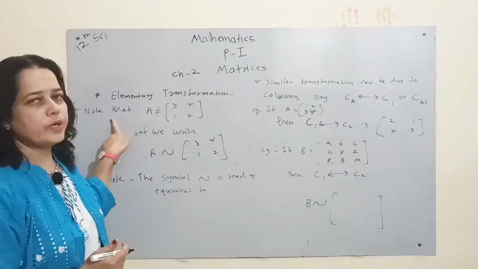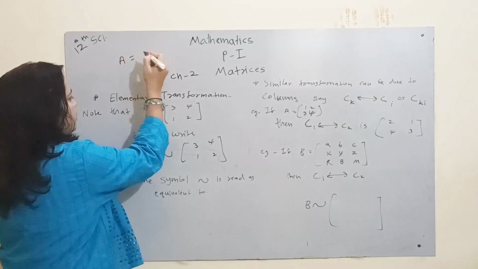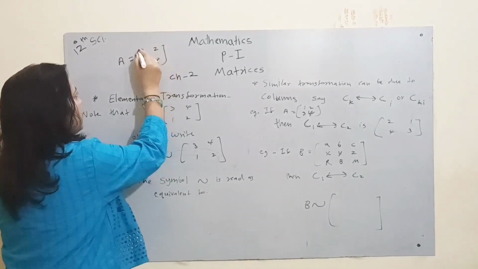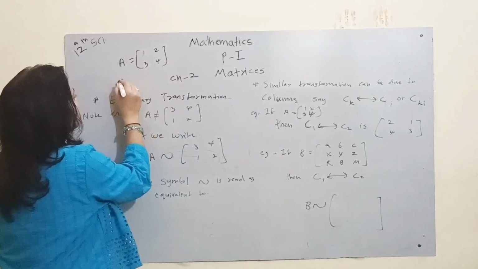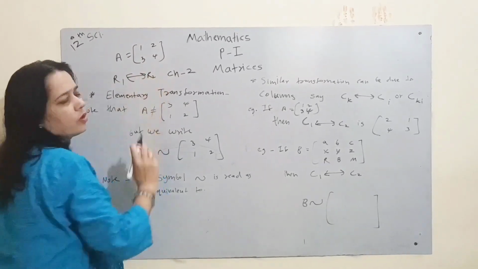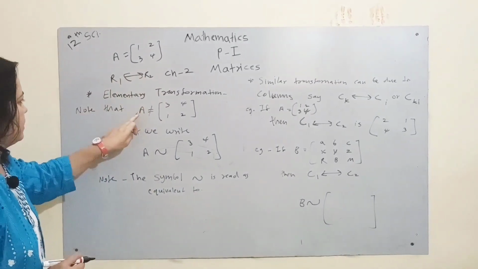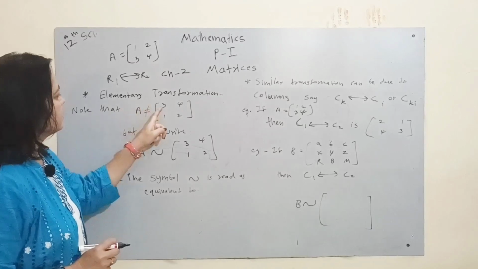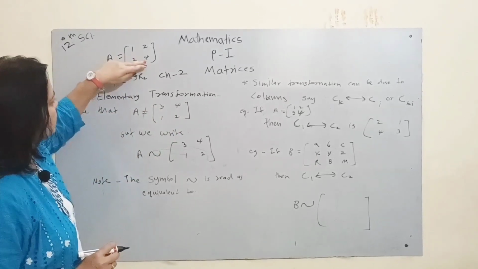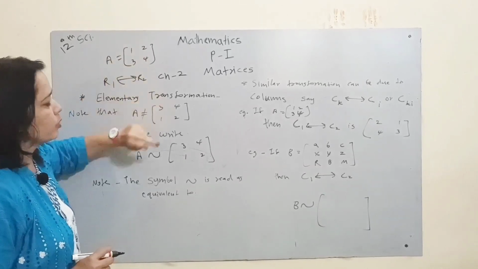Okay, note here in the previous example A is equal to 1 2 3 4, and R1 to R2 is our operation, or interchange of rows. So we get the new matrix A as 3 4 and 1 2, that is row 2 is interchanged by row 1 and row 1 is interchanged by row 2.